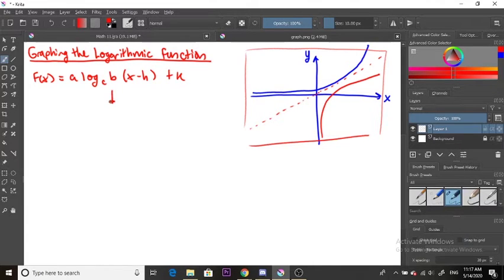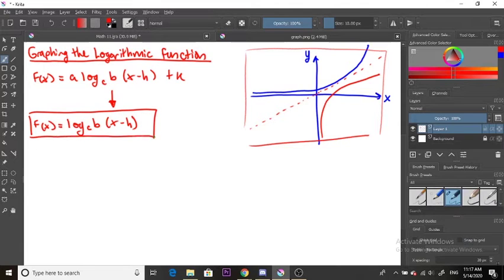So we often tend to use the simplified version, which is written like this. So this is the typical function that we would use to graph. You can use this one to graph as well, and sometimes you will be encountering functions in this form. However, this is the one that we're going to be mostly using today and in the future.